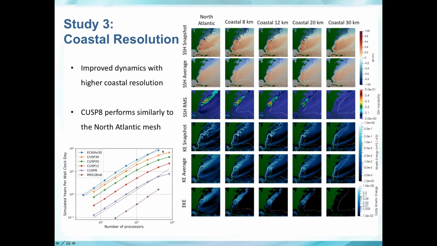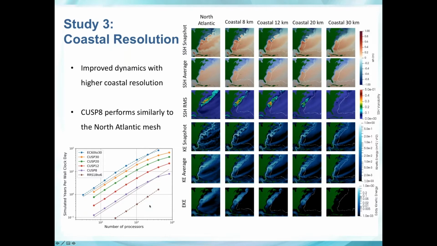I also looked at the performance for this. So basically what you can see here is this brown line is global high res. This purple line is the CUSP 8, and the blue line here is EC6030.